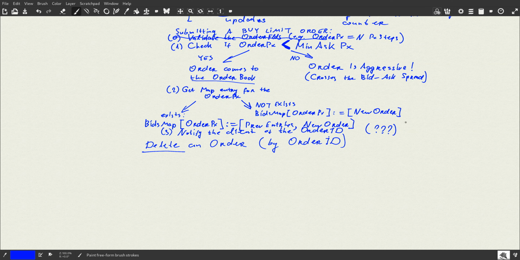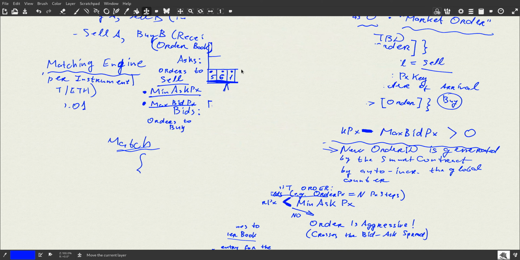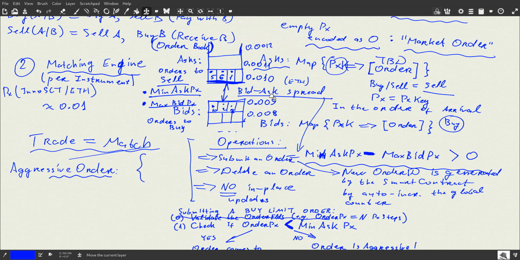How would they delete an order by order ID? Looking at this, you can see that it would be problematic, wouldn't it be? In order to delete an order, again, sorry for tautology, you need to find it somewhere in the order book. But how to find it?